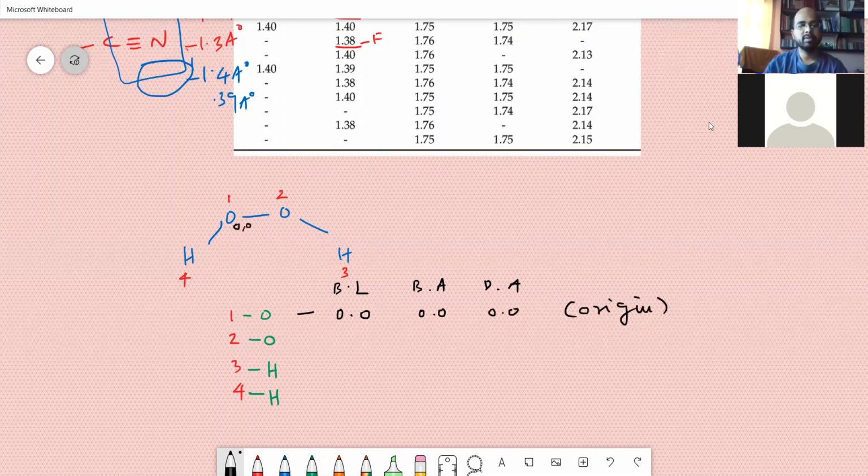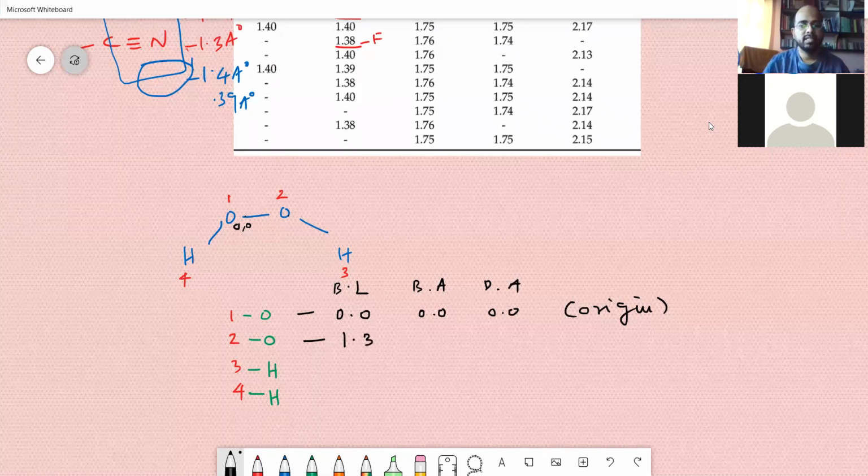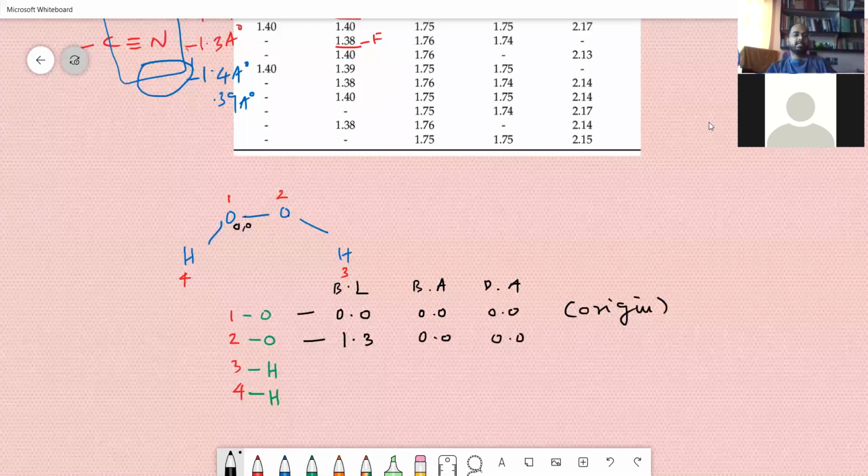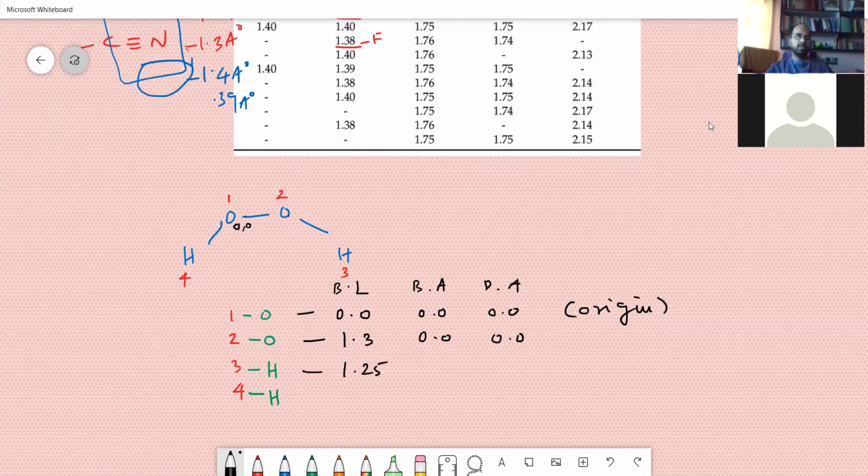The second oxygen atom is attached by means of 1.3 angstrom. There are only 2 atoms to begin with, therefore this will be 0.0 and this will also be 0.0. Third is this particular hydrogen atom, and the oxygen to hydrogen bond length is about 1.25 angstrom. What is this 1, 2, 3 bond angle?